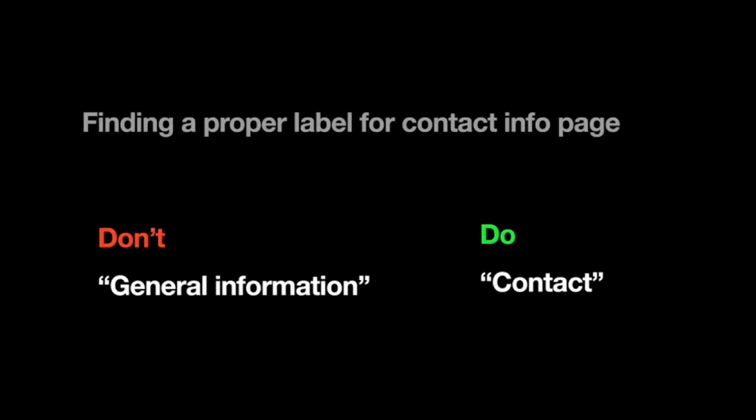So you don't need to use labels that will confuse the user. For example, when you want to name a contact page, you cannot give it a name like general information. Give it contact page, so that the user is already familiar with the word contact. They already know what a contact us page is all about, because they have previously been using other websites online. So when looking at the word contact, they already know they are going there to get more information about the business.